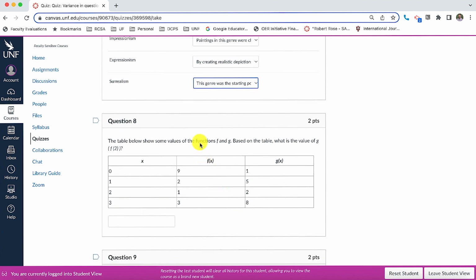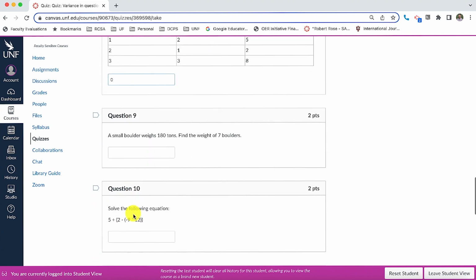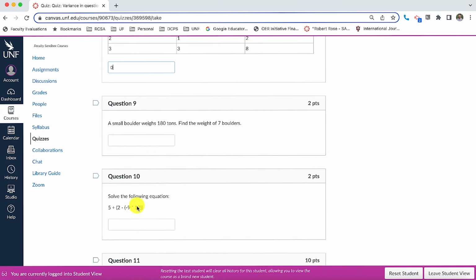Now, a numerical question only allows students to enter numbers in their response. So if I try to type in letters, it gives me this response. I'm going to put a number value here. Now for question 9 and 10, similar to a numerical question, these two formula questions only allow students to enter numbers in their responses.